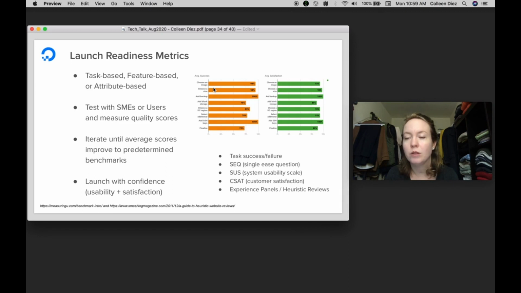You can look up more information about that. Or it could be according to a CSAT score, which is a customer satisfaction metric. You can also do these things through experience panels or through heuristic reviews. These would be internal experts or internal folks who are gauging how well your product or your experience meets the criteria that you've already set up.